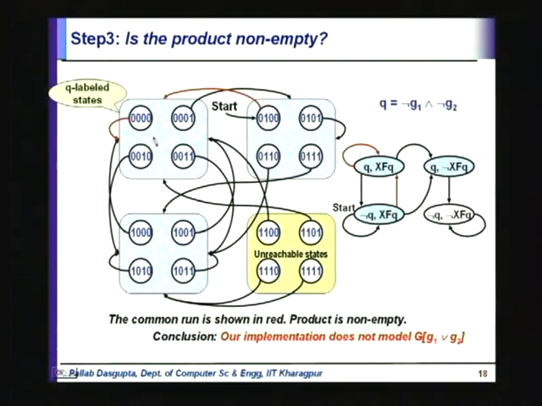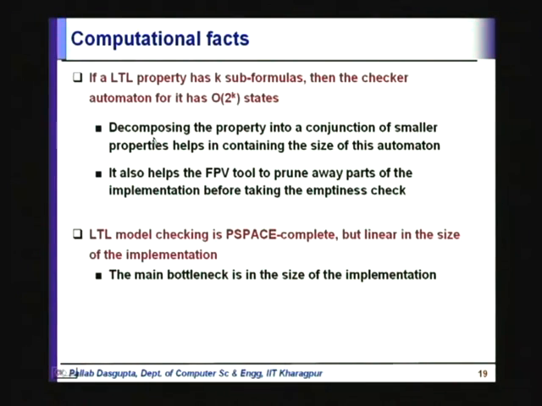So now let us go into a little more theory behind this, but before that, let us quickly look at some computational facts. If an LTL property has k subformulas, then the checker automaton for it has order of 2 to the power of k states. So the size of the checker automaton is exponential in the length of the LTL property. LTL model checking is PSPACE complete, but the algorithms that exist are linear in the size of the implementation.